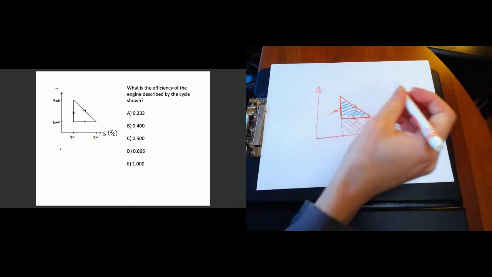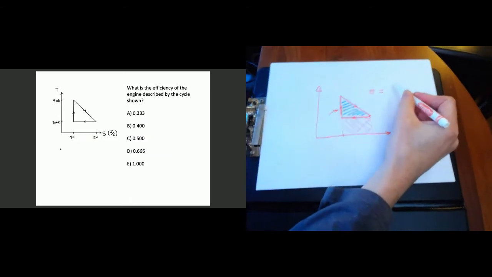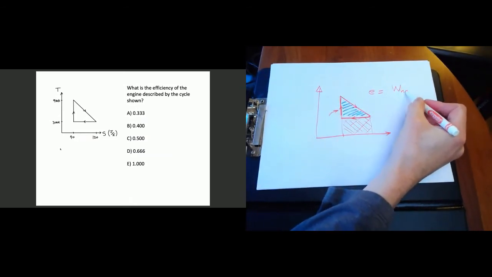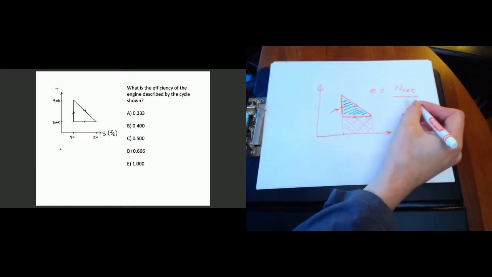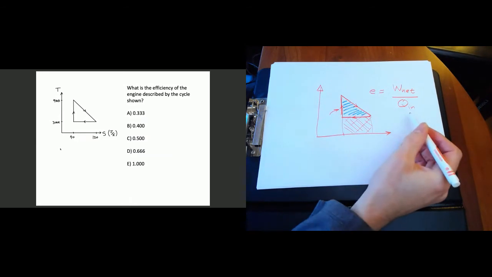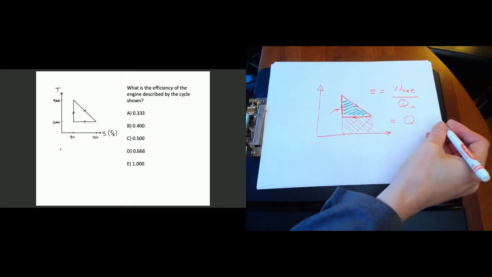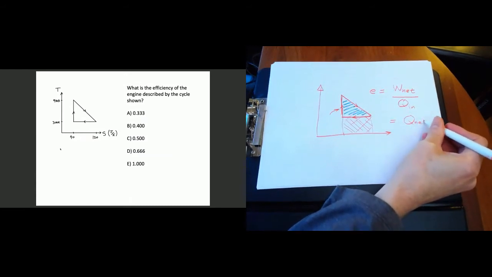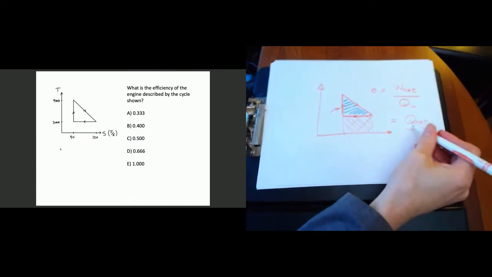And so basically, what we're going to use is just the definition of the efficiency, which says that E is equal to the net work for the cycle divided by the Q that goes in, just the positive contributions to heat. And it's going to be easy for us to analyze if we replace W net with Q net.